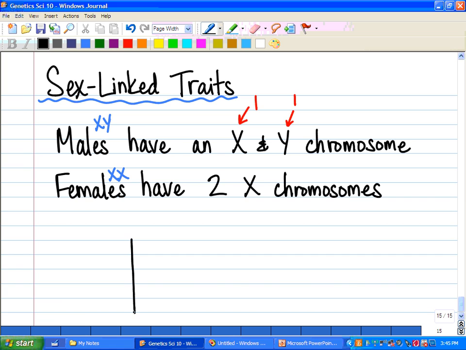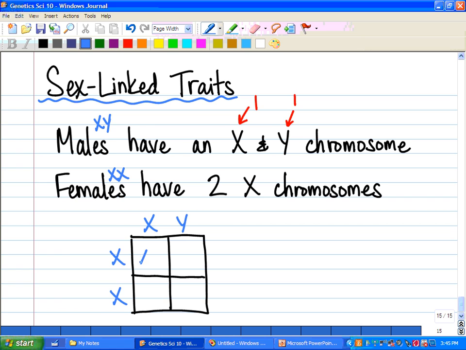So if we run a Punnett square for this, dad is always going to give an X or a Y, I should say. Mom is always going to give an X or an X. So if you look at their chances of having kids, this is maybe no surprise.